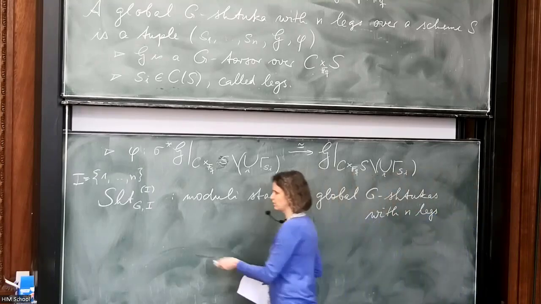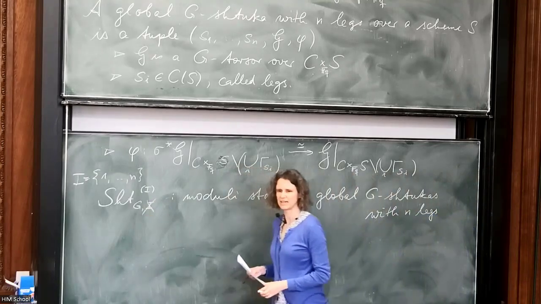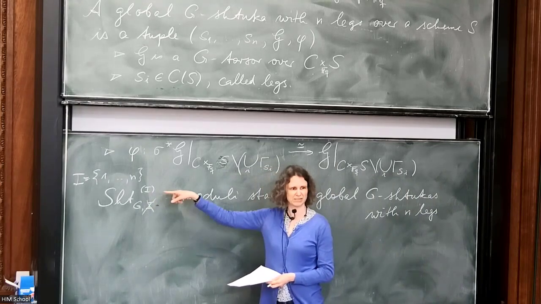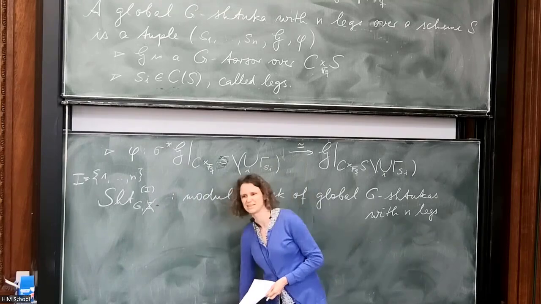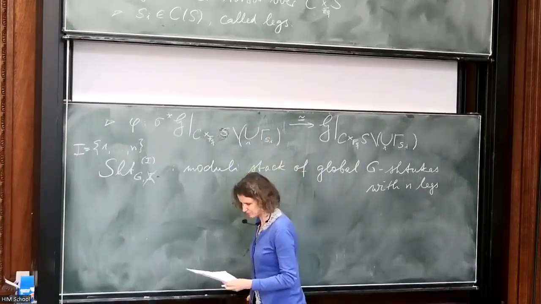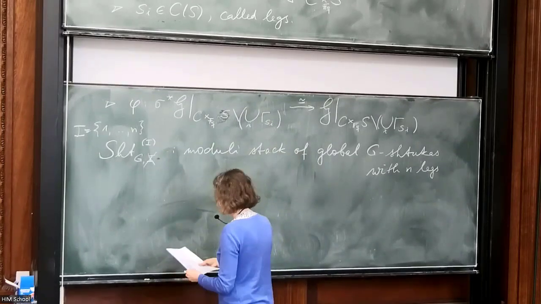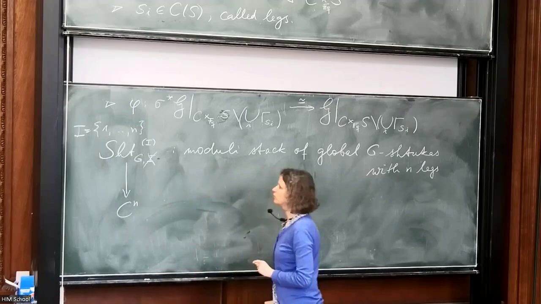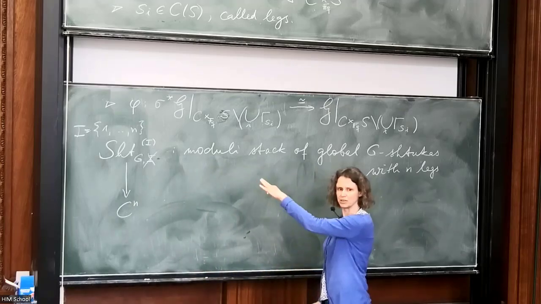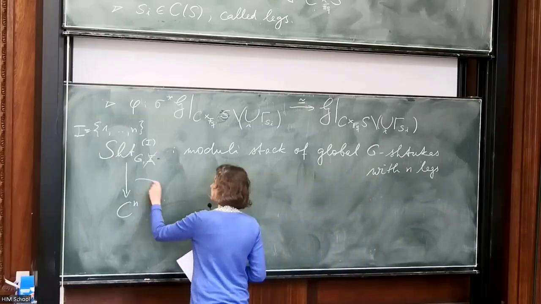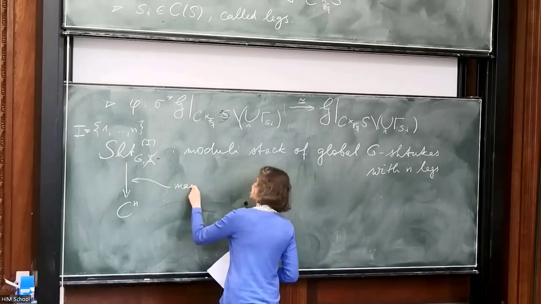Very soon I will maybe eliminate this I because it shows up twice anyway, and you will see that we will have a lot of decorations up and down very soon, and then we're happy to have one less. And this had a natural map to the nth power of the curve, just mapping any Shtuka to the collection of legs.